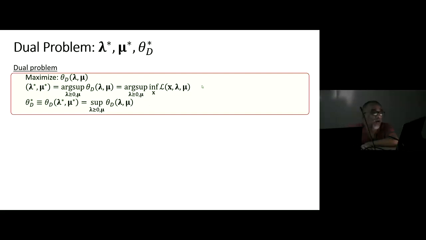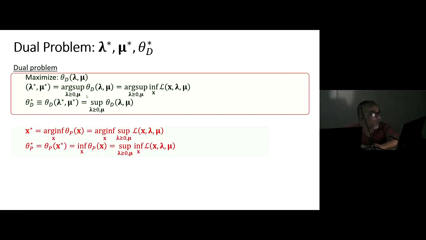And so we are automatically constraining ourselves to the feasible region when we're doing the minimization. It coincides with the objective function when we are doing the minimization. So this is what we do. And the actual value of theta_d at lambda star, mu star is theta_d star.